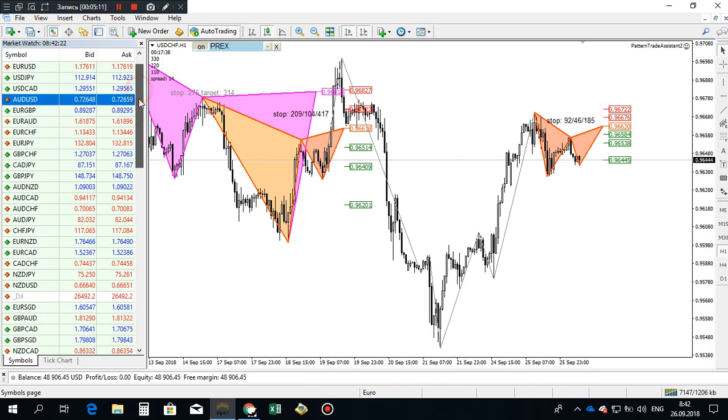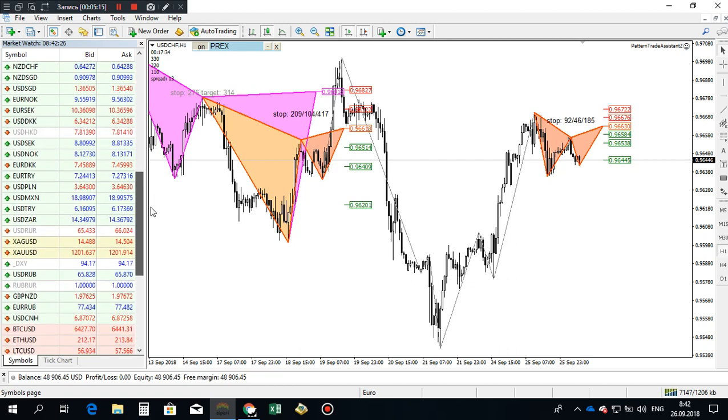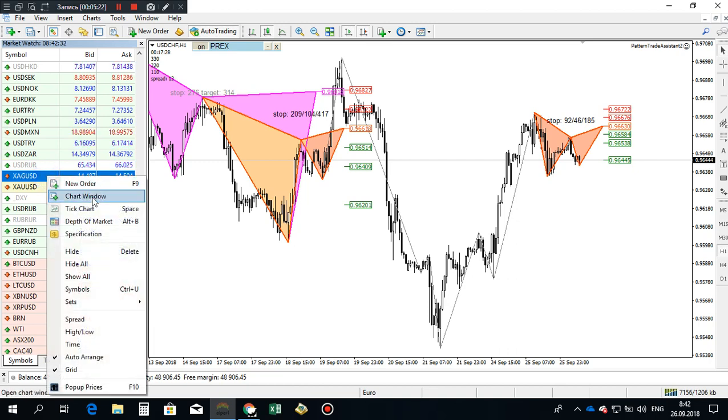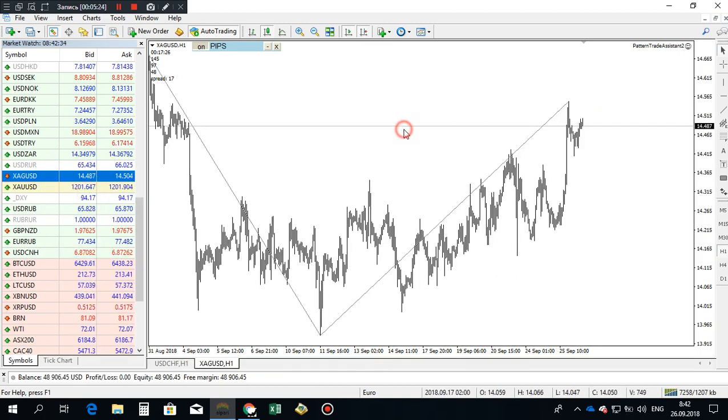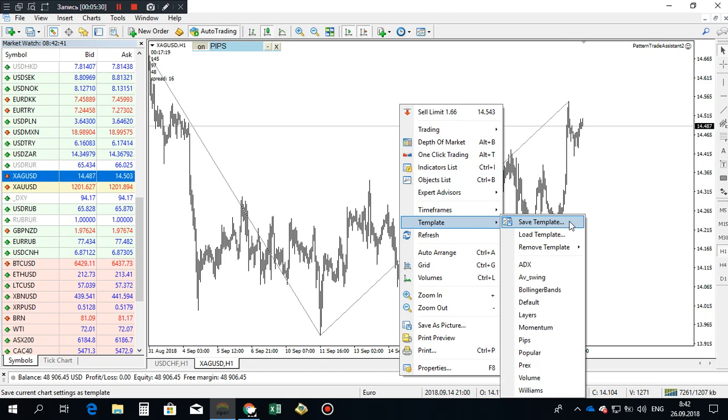Let's analyze something else, not Forex. Argentum, it is silver. Okay, so let's go, choose the template Forex.